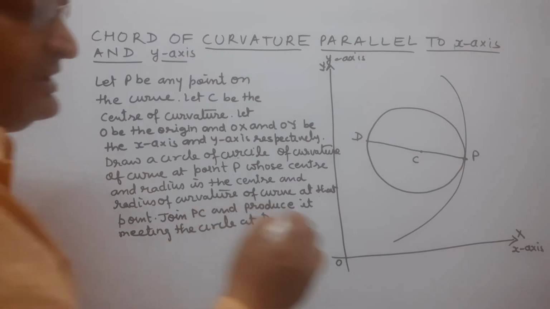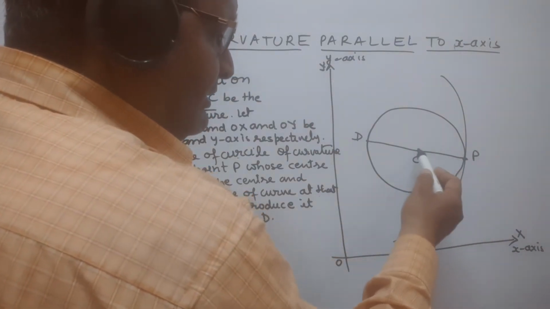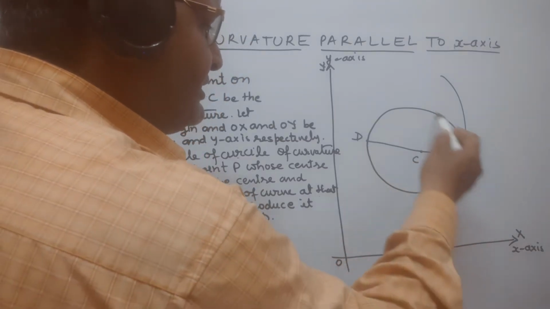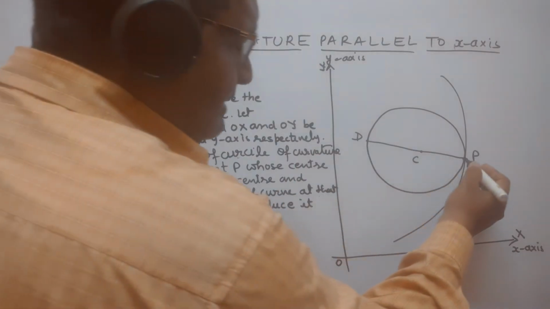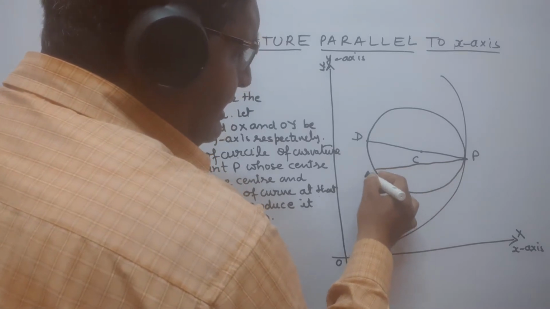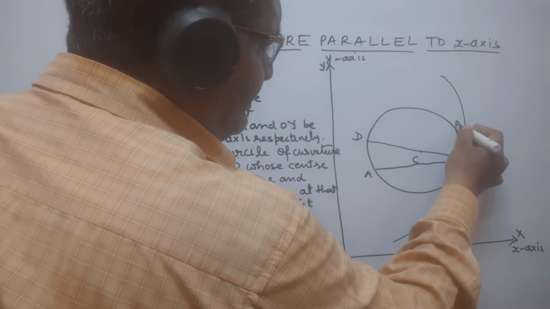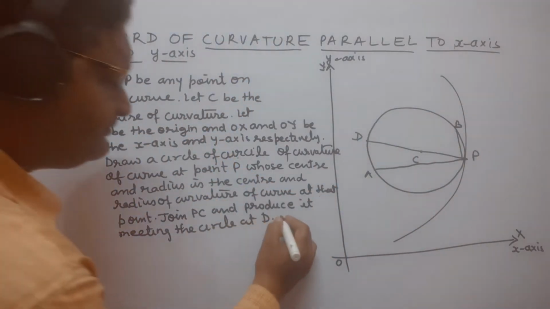Here we can see join P and C and produce PC to D meeting this circle of curvature at D point. And we draw PA and PB which are parallel to x-axis and y-axis.